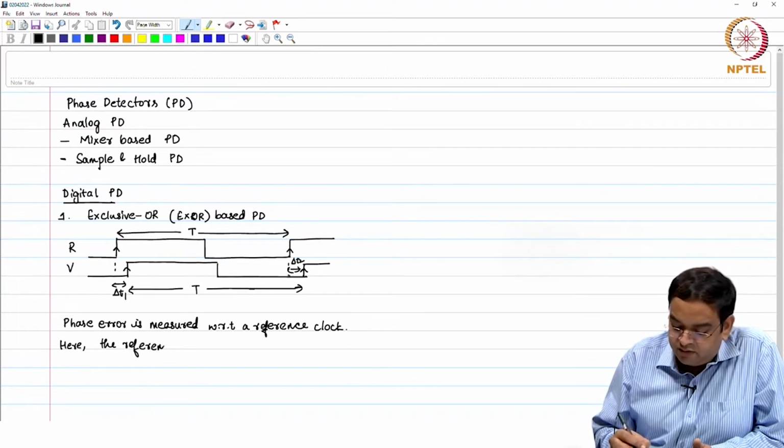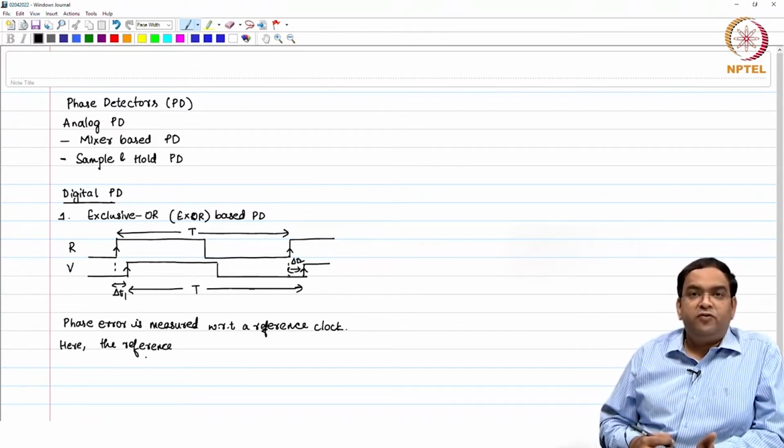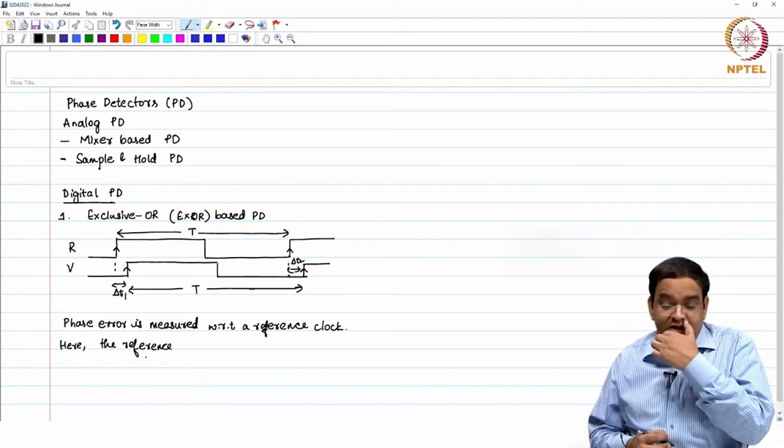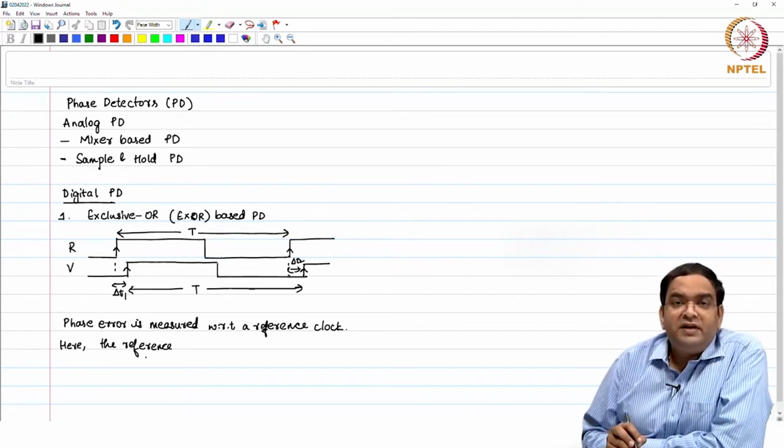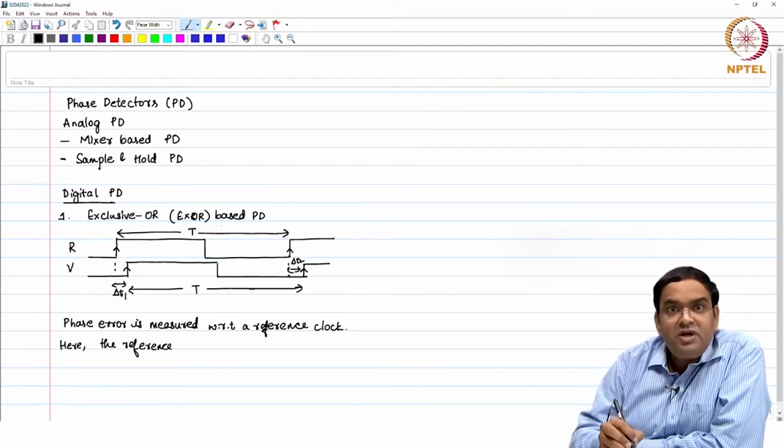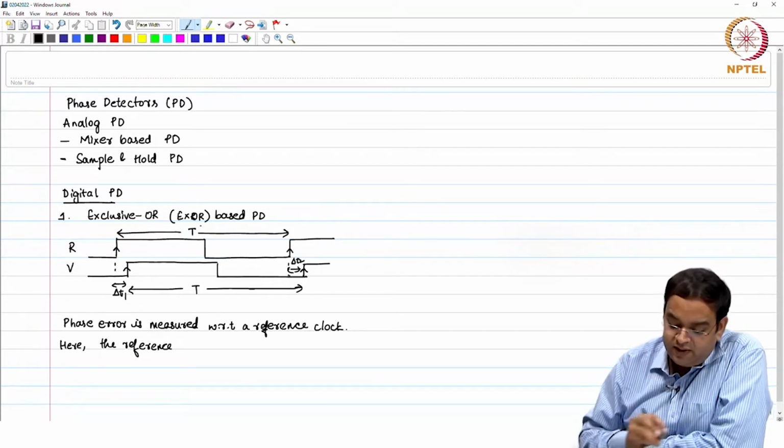Why is it important to say that? Because phase is a dimensionless quantity, and in order to define the phase you need to know the time period. The time period I am going to use is that of the R clock.